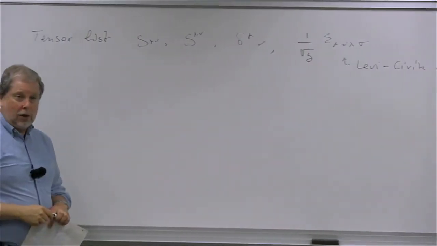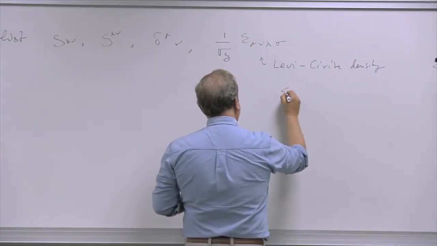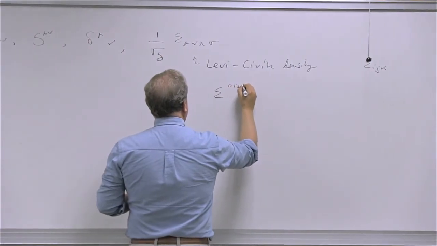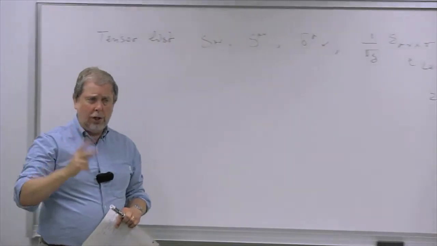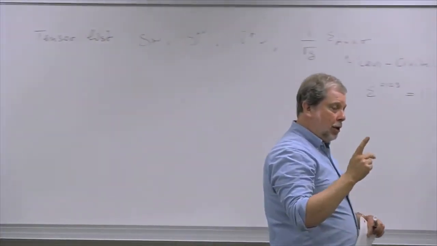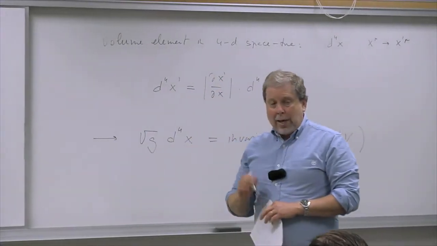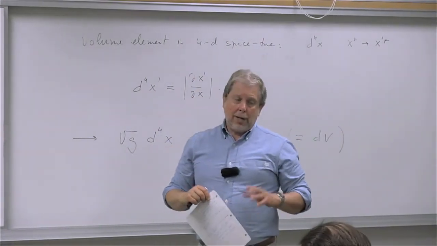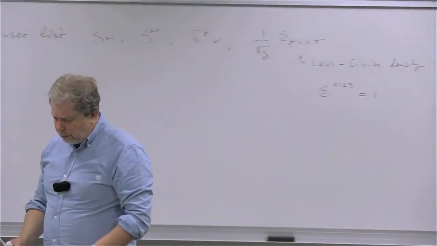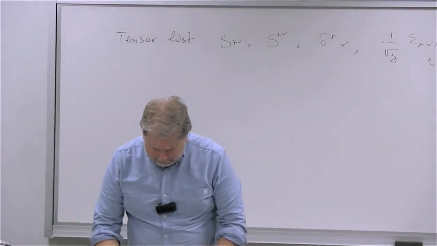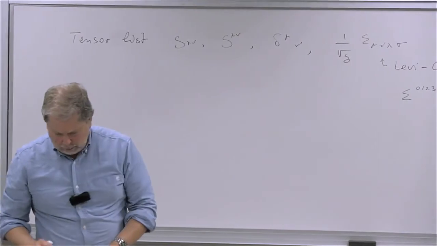In other words, the Levi-Civita density, the symbol here, right? Remember that it has the property that epsilon 0 1 2 3 is equal to 1, and then it changes sign whenever you interchange a pair of indices, right? So it is completely antisymmetric in all the four indices that we have in this case. That object itself is not a tensor, but it can be fixed up quickly by dividing by the square root of g. And then it is, in fact, a tensor.